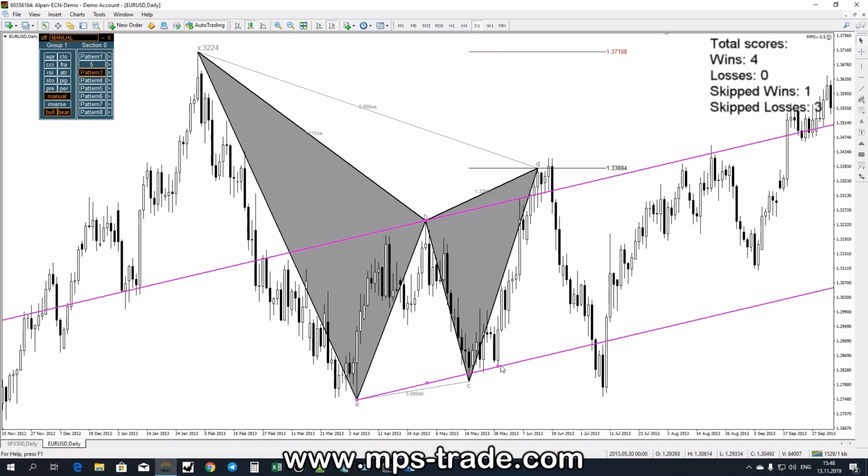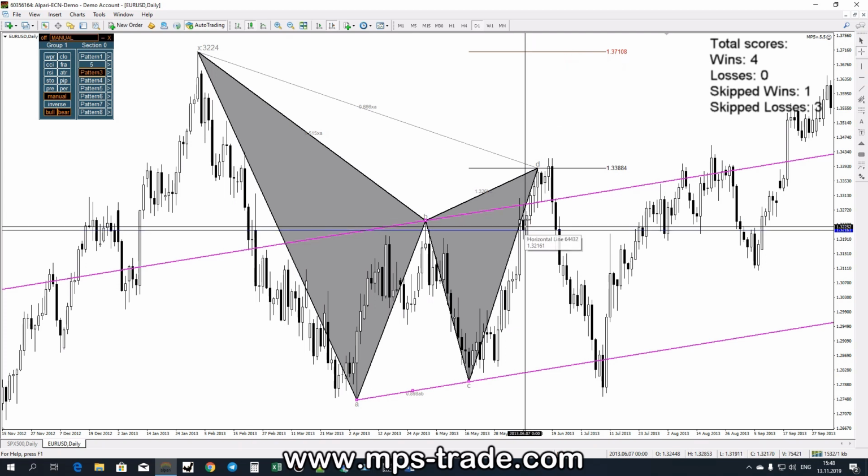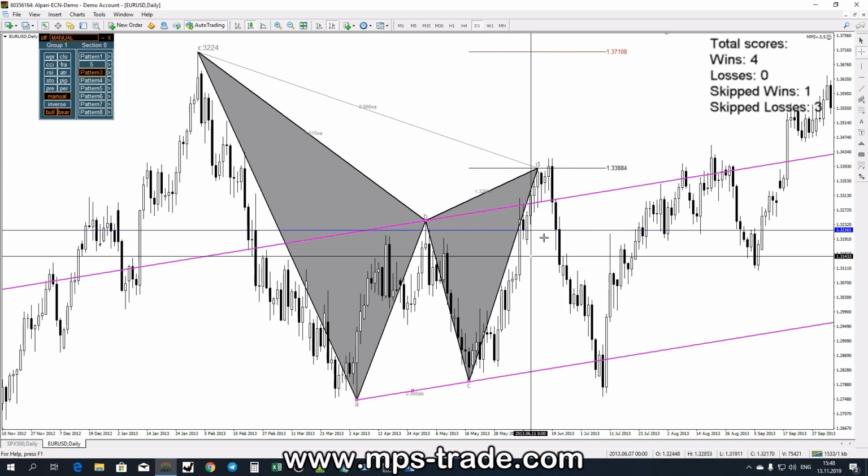You first touch your channel by this candle, and then you reverse and trigger your trade like this. I remind you that your stop loss goes here, and after that you have your channel violated, but you were already triggered. That's why you generate 361. You never hit your stop loss.